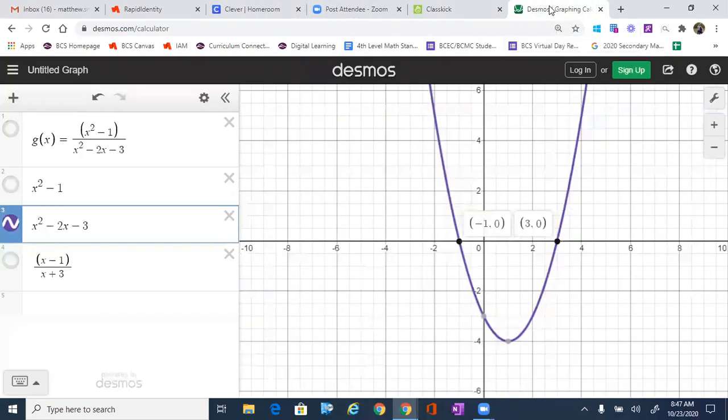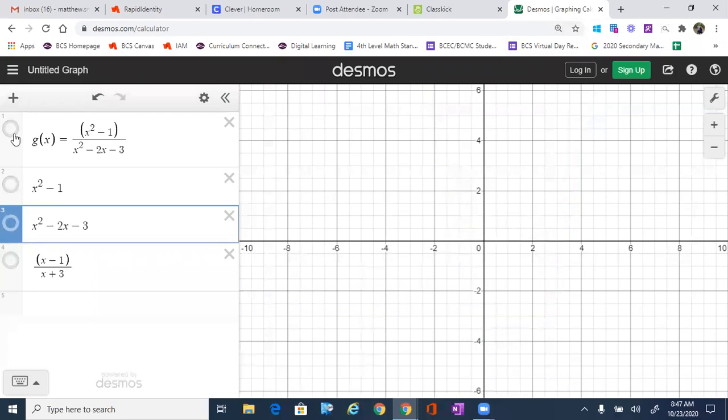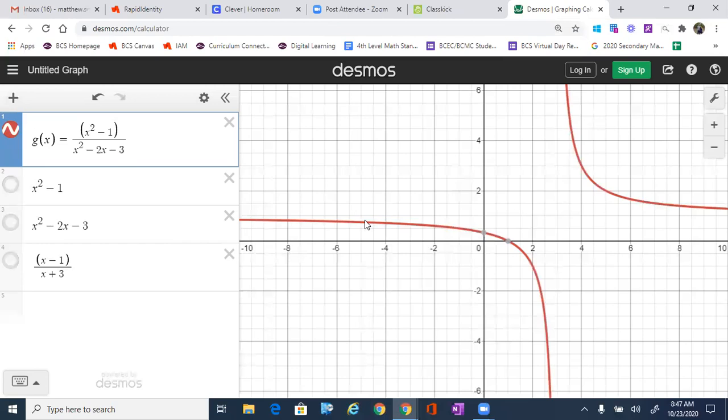Okay, so we go to Desmos. I'm going to go to that graph, which I've got typed in here to save us a little bit of time. I'm going to drag it along, and I'm going to look for negative 1 and check it out. Negative 1 on our graph is undefined. You'll also notice Desmos does a great job of showing us a circle that is not filled in.